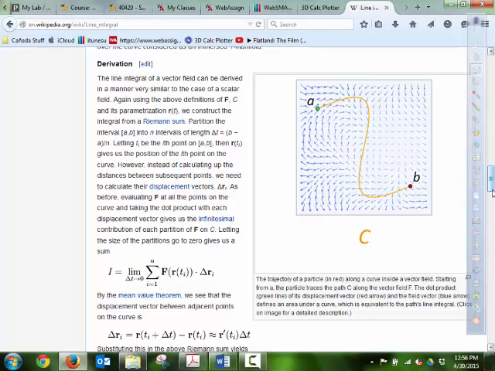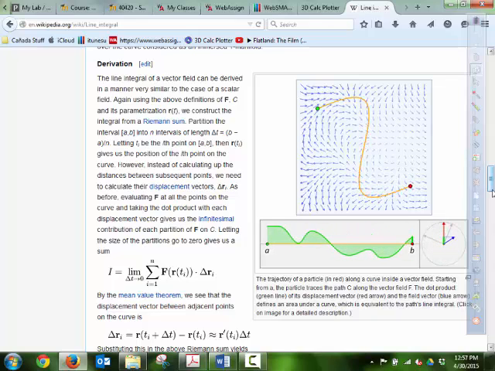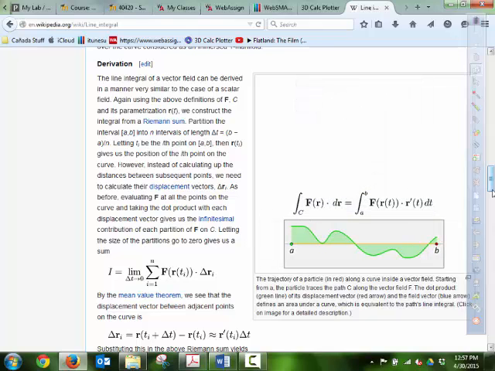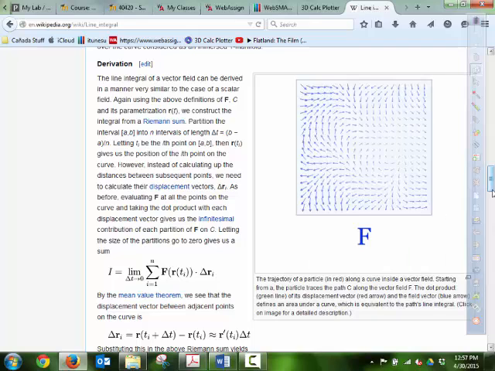As you walk along the curve, you look at your tangent vector and see what the work being done is at each point. At each point, you compare your tangent vector and the vector on the vector field. You're adding up all those dot products, an infinite number of them, so that's how it becomes an integral.